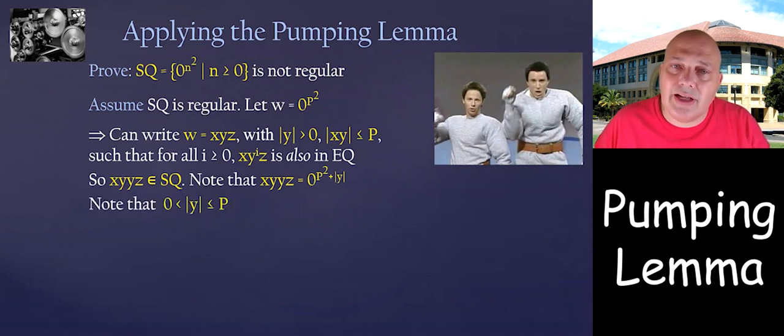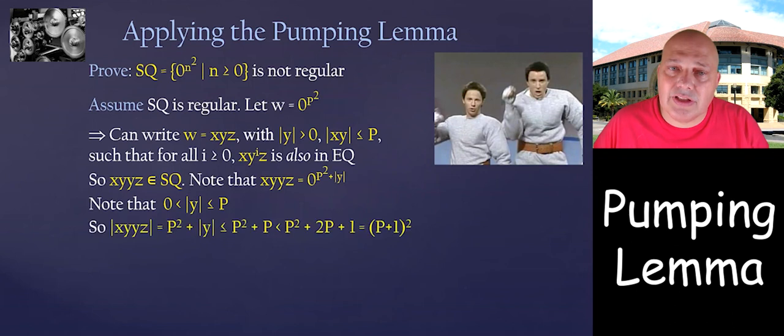On the other hand, the length of y is larger than 0 and at most p. So the length of x, y, y, z is at most p squared plus p, which is smaller than p plus 1 squared. So it is of length strictly larger than p squared, and strictly smaller than p plus 1 squared, and therefore it cannot be in SQ.